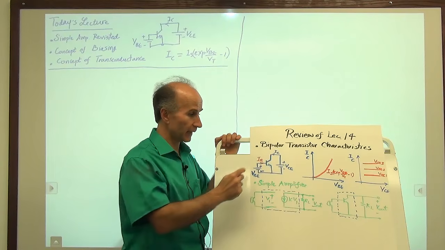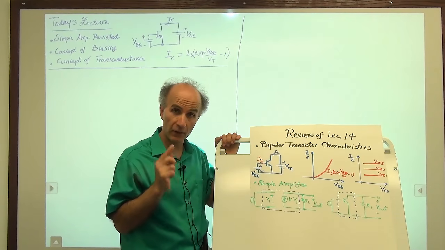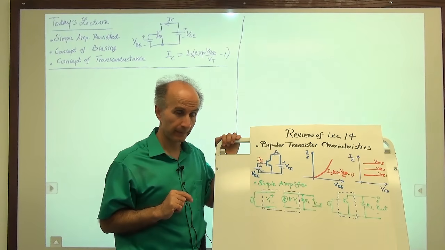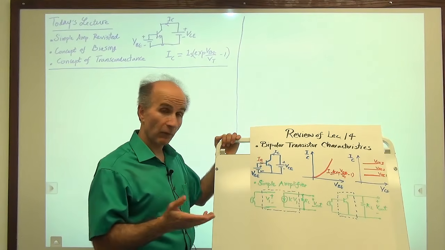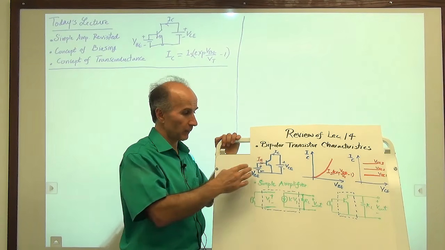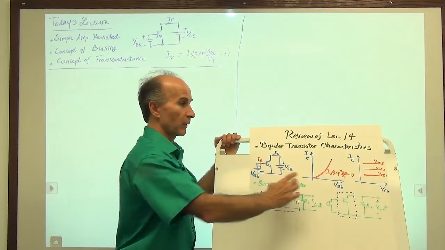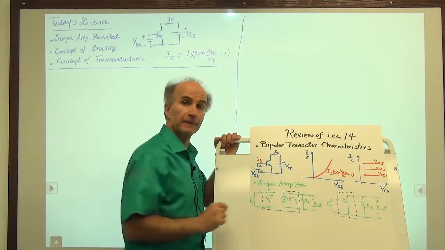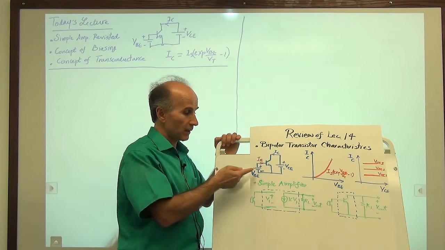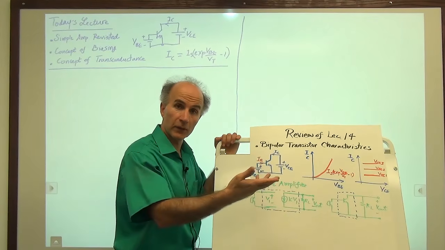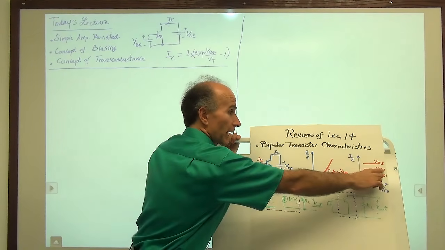So provided that this junction is never forward biased. All right. However, we can also observe that if we perform one test and we have this much current, then we can step this voltage to a new voltage, VBE2, and have a different current.